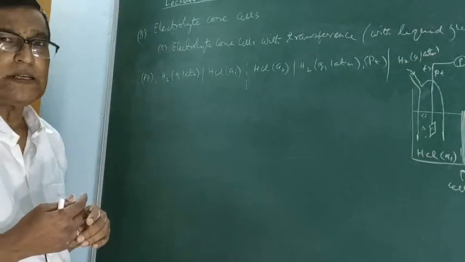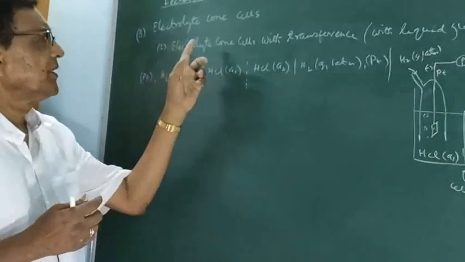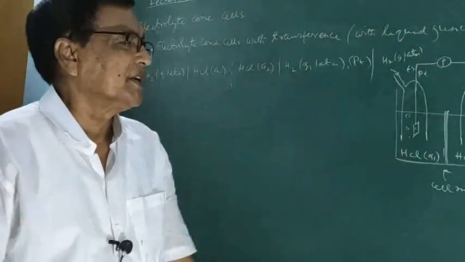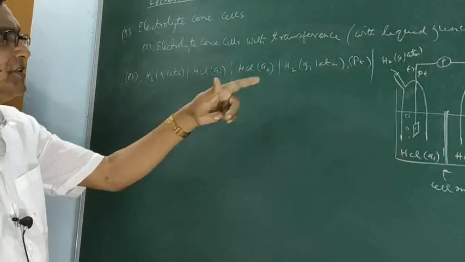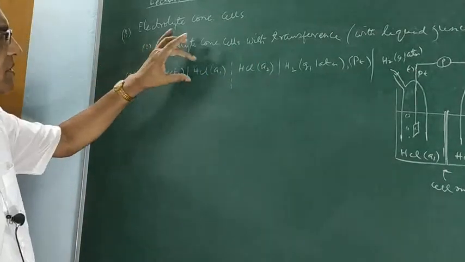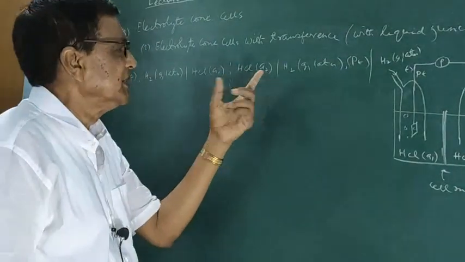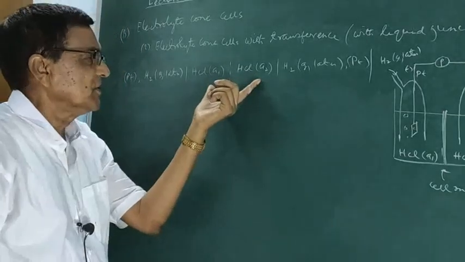Now in this part I shall discuss the electrolyte concentration cell with transference, meaning with liquid junction. A typical cell of this type is hydrogen electrode, HCl activity a1, and HCl activity a2. These two differ in concentration, or activities, of the same electrolyte.